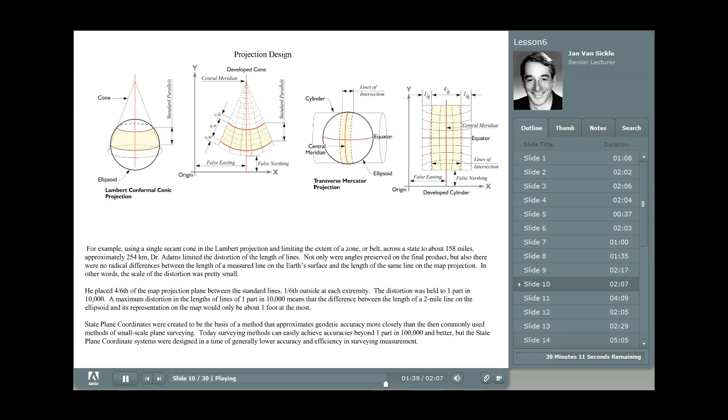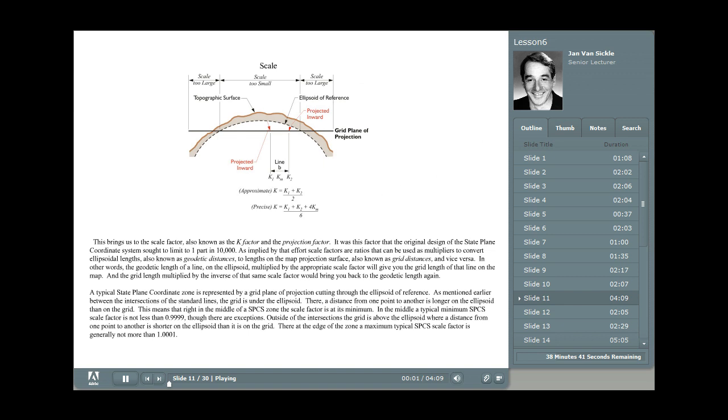In the days when those calculations required sharp pencils and lots of midnight oil, this was much to be desired, to be able, again, to manipulate large-scale work using plane trigonometry. And, of course, plane coordinate systems can accommodate that, and that was the fundamental idea behind these. The limitation of the zone was to keep the scale distortion to 1 part in 10,000.